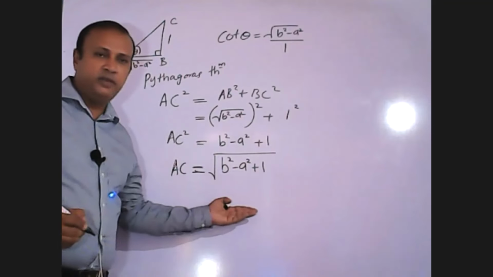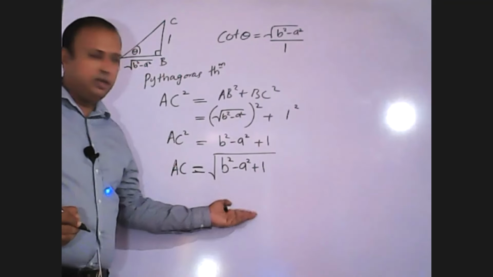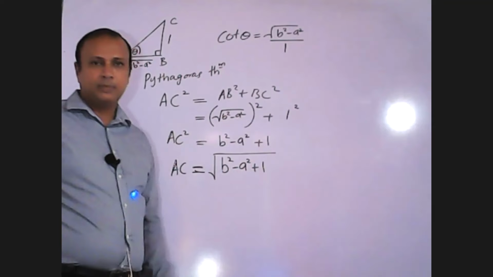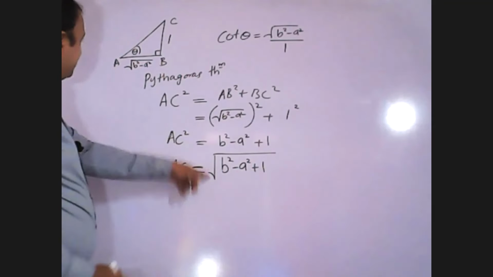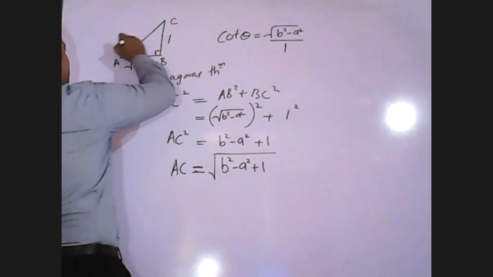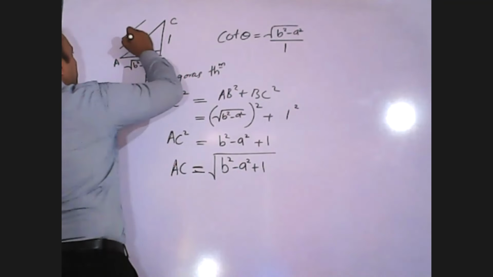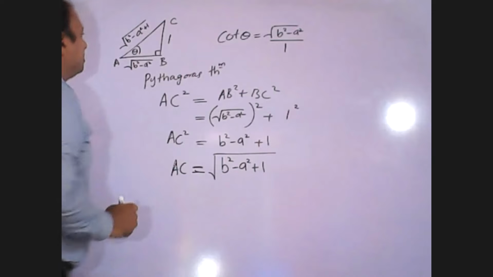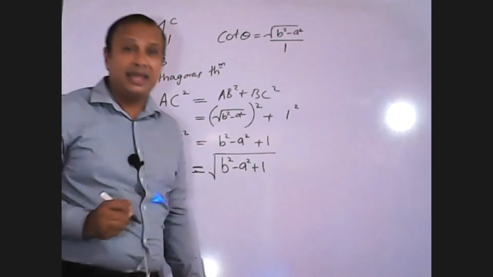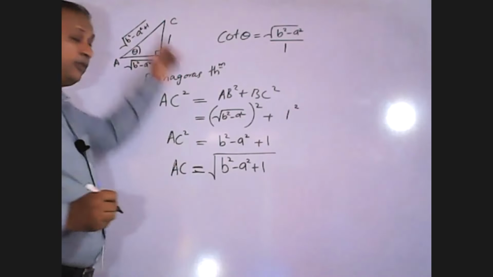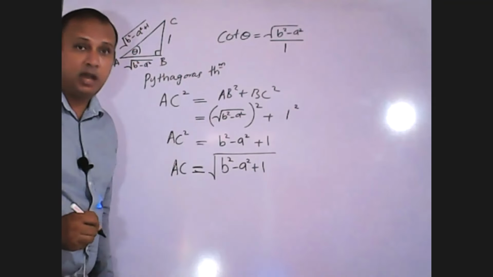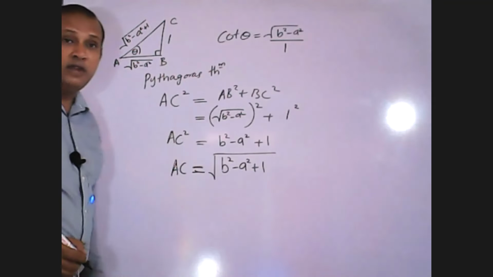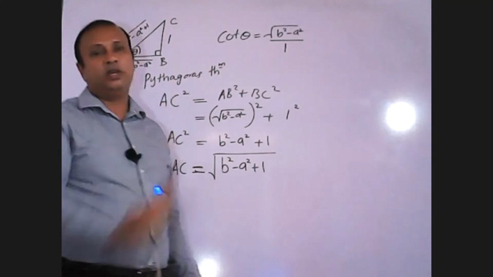You can stop here. So AC is the square root of b squared minus a squared plus 1. Now you know the lengths of all the sides, so you can find any trigonometric ratio.